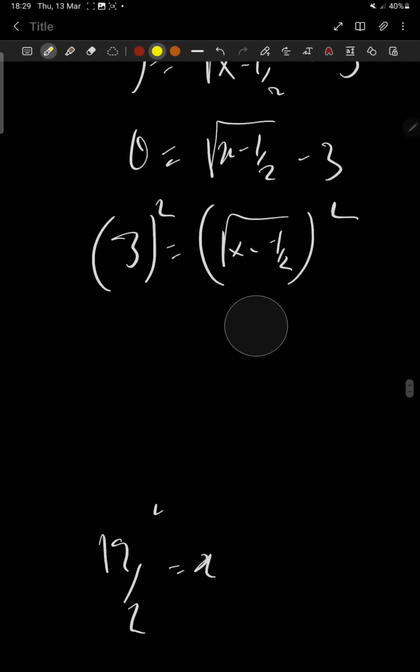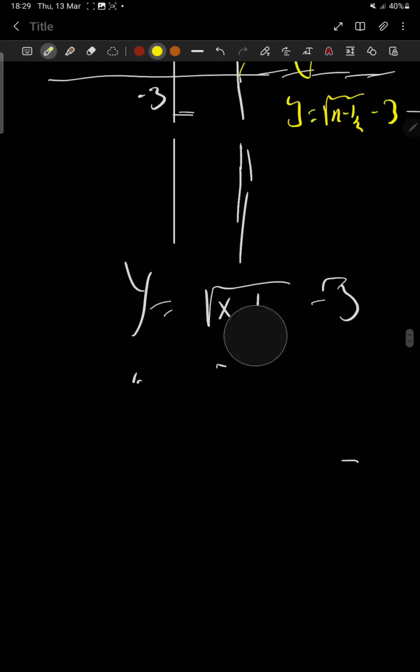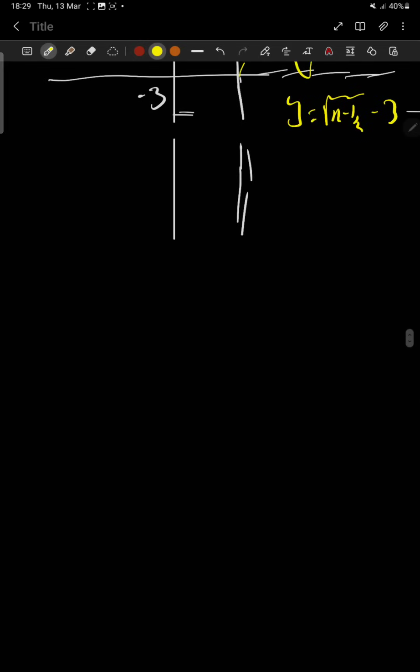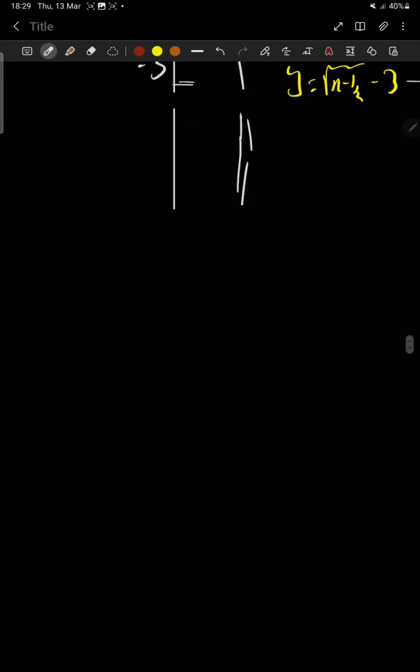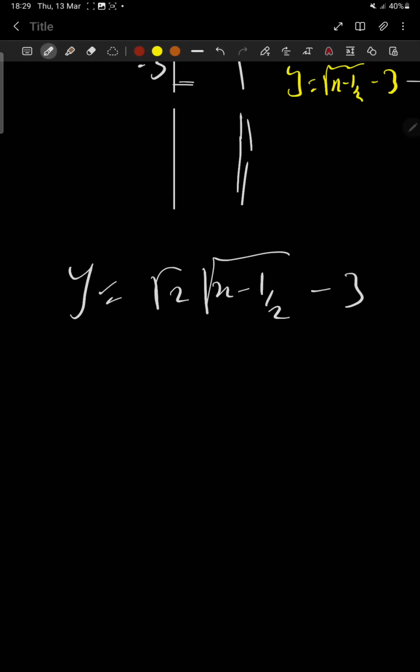Now let's go to the stretch. Notice it has now stretched by 3. So what are we going to do now since there's a stretch? Since there's a stretch, we're dealing with y equals the square root of 2 times the square root of x minus 1 over 2, minus 3, which is the same as the original equation with 2x.